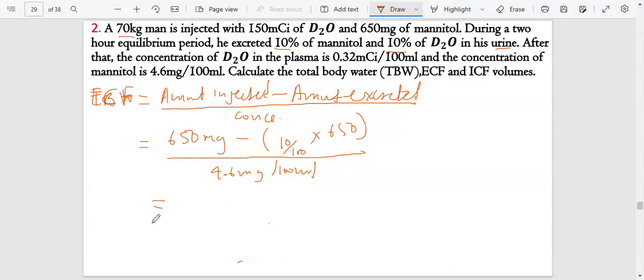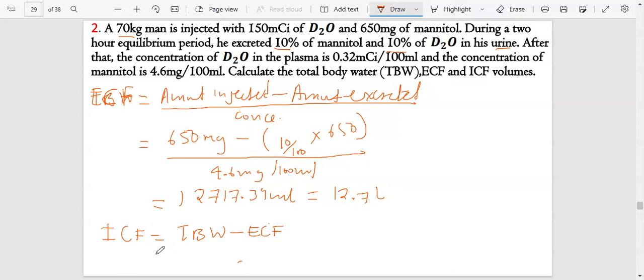Using the same formula, we just punch this on the calculator. We get 12,717.39 mils, and we convert this to liters by dividing by 1,000. That is going to be 12.7 liters. We have found ECF. To find ICF, we said ICF uses the indirect method: ICF is given by total body water minus ECF.